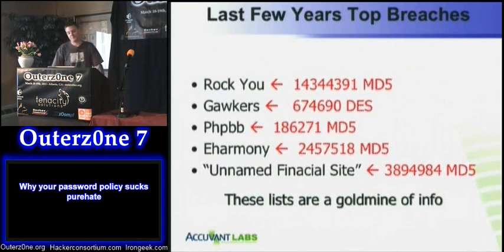All right, so here's what I consider the top breaches of the last couple of years. This is just an example of the weak hashing password algorithms that are out there. Everybody remember RockYou? Anyway, their breach consisted of, let me get this number right, 14 million something passwords, and they were all hashed in MD5, which is a really bad algorithm because it does not require a salt.